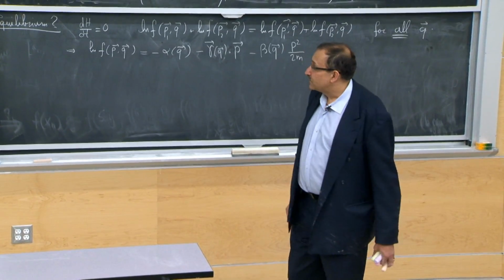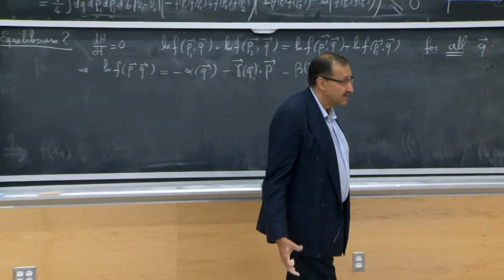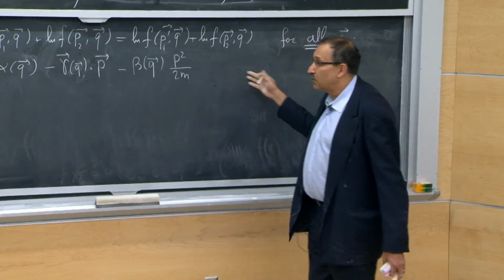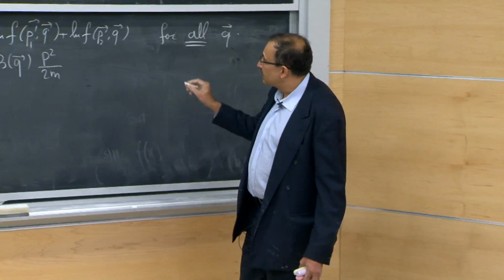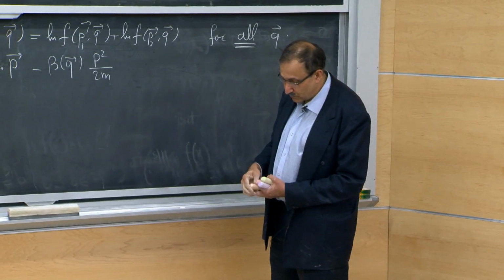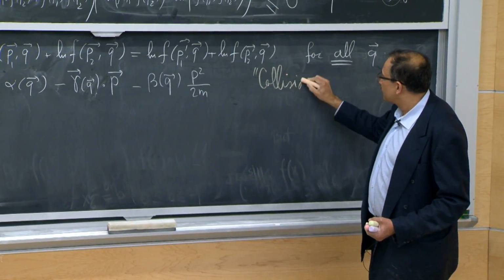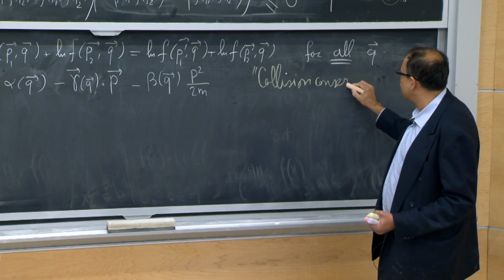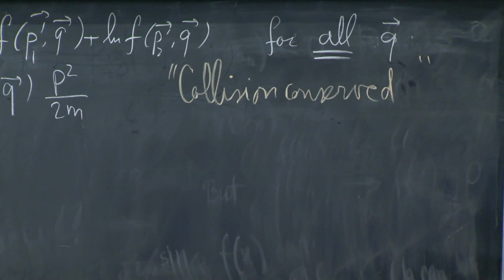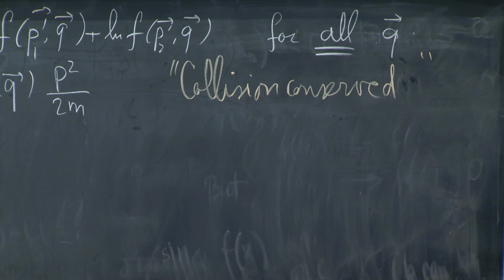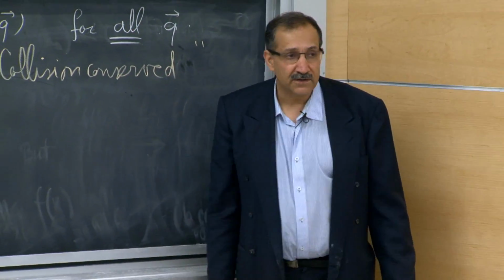I have identified quantities that are conserved in the collision. So basically, I can keep going if I have additional such things. And so basically, the key to this is to identify collision conserved quantities. And so momentum, energy, the first one corresponds to the number of particles. These are quantities that are conserved.